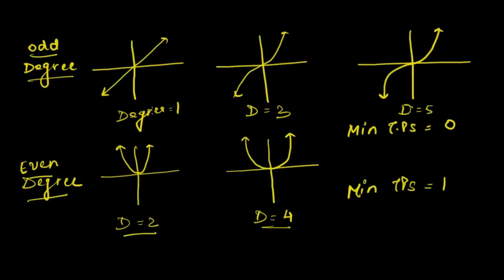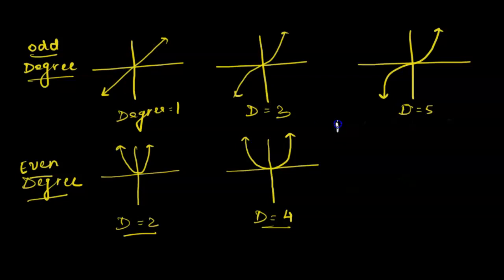Let's have a look at these graphs again. And now we would draw conclusions about the x-intercepts. Now for an odd degree function, the graph would always have to pass through an x-intercept at least at one point, because it's a straight going graph.